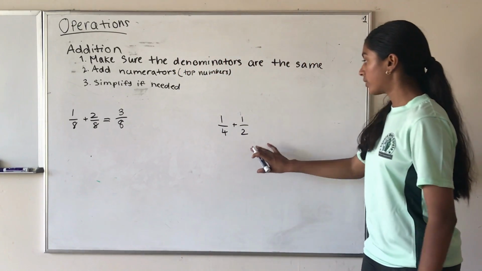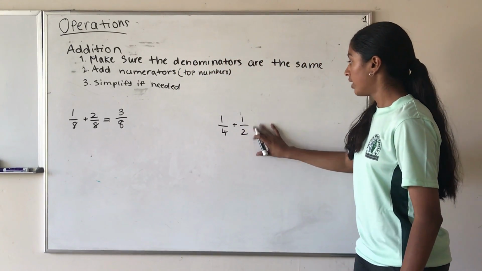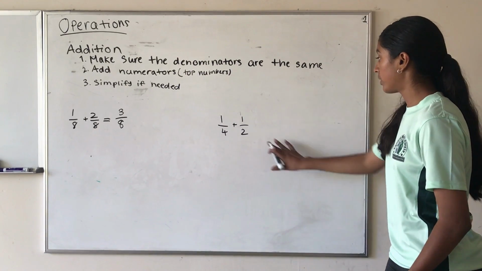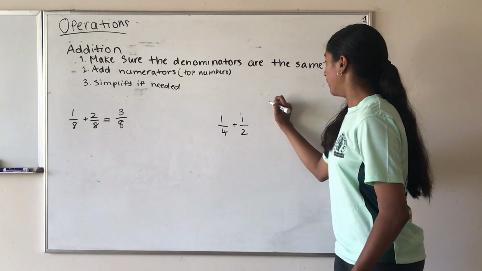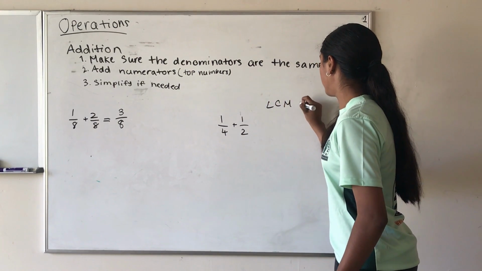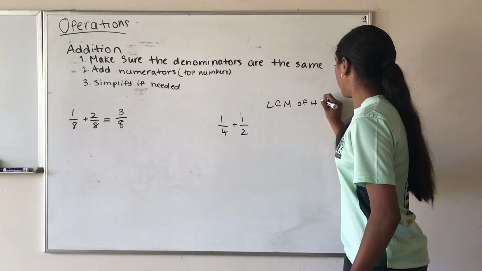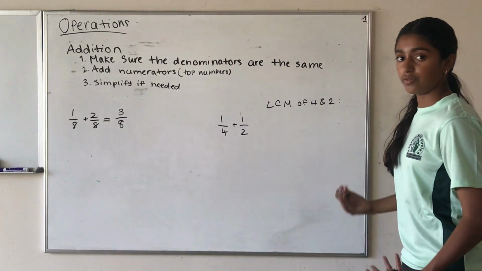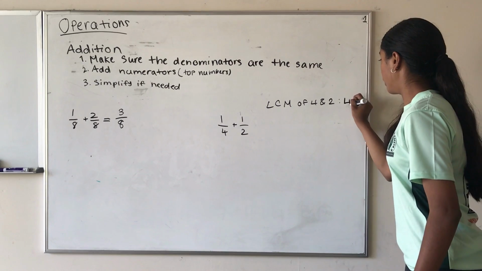In this example, 1 over 4 plus 1 over 2, the denominators aren't the same, so we have to use the same method we used before. We need to find the LCM of 4 and 2, which, using the method we learned before, would be the number 4.